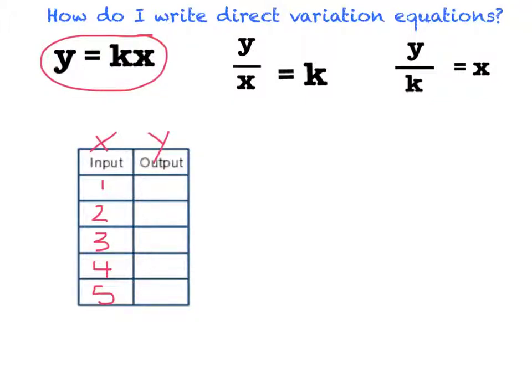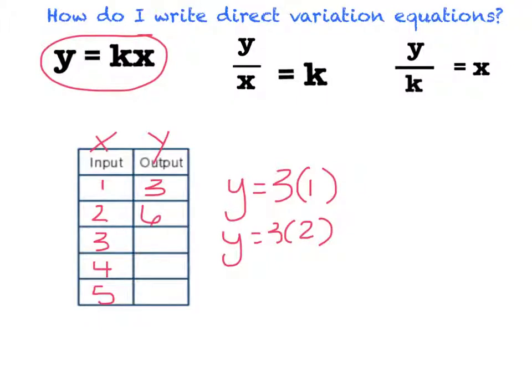So if I had y is equal to, and let's say our constant of variation is 3, so y is equal to 3 times 1, then y is going to be 3. If y is equal to 3 times 2, then it's going to be 6. If y is equal to 3 times 3, we've got 9. We'd have 12, and we'd have 15.